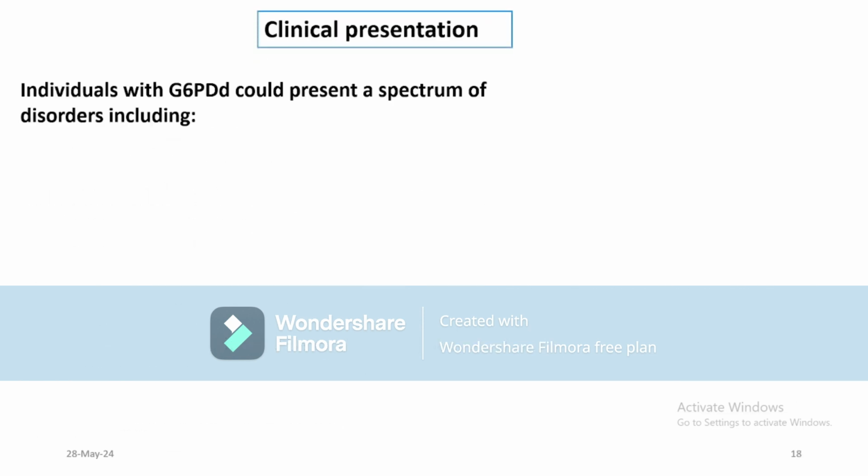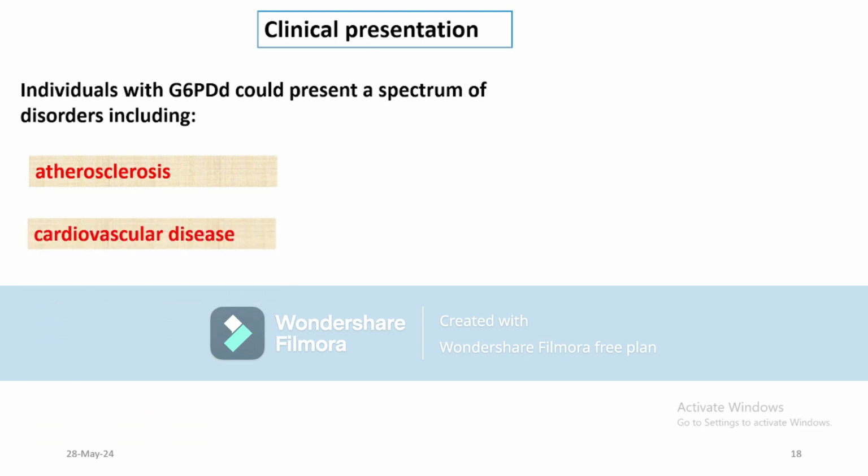Individuals with G6PD deficiency could present with a spectrum of disorders, which include arteriosclerosis. Arteriosclerosis is basically one of the diseases caused by excess cholesterol in the body, where the arteries that carry blood to the heart may block. In G6PD deficiency, if you are not lucky, you may also present with arteriosclerosis, which is very harmful to the body.